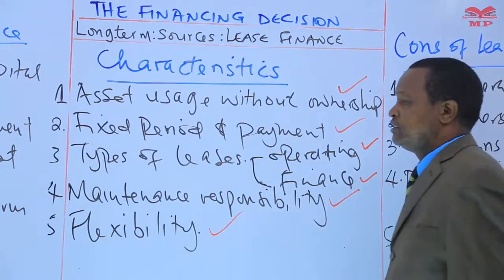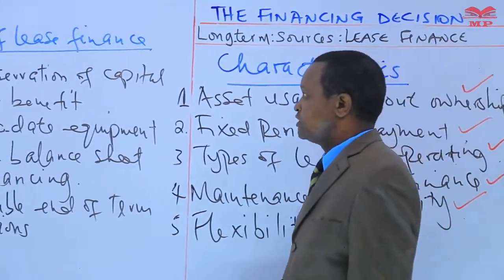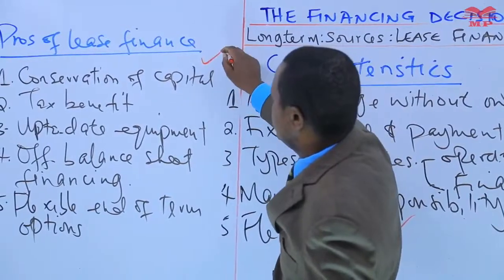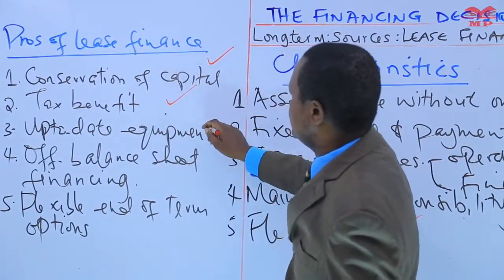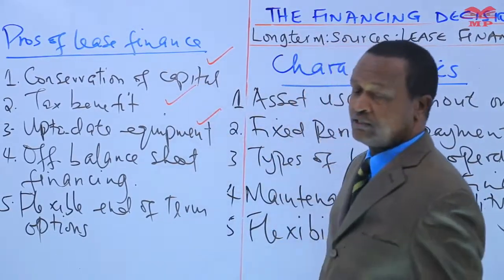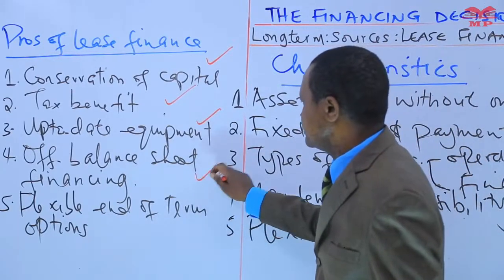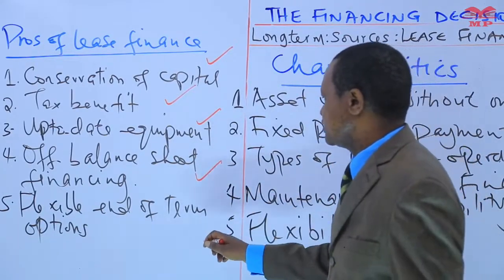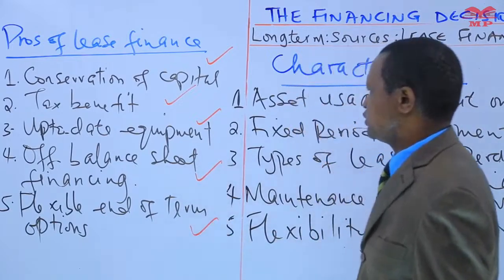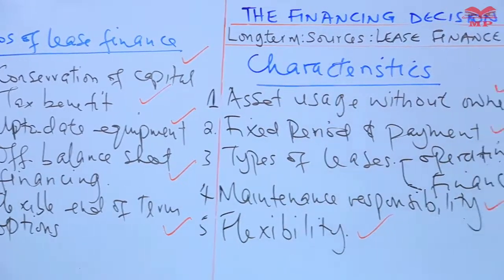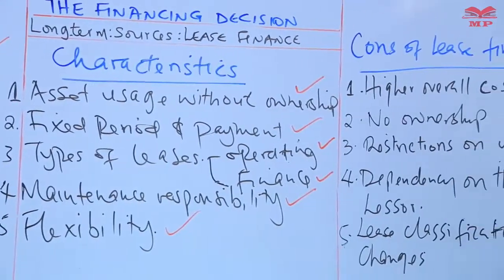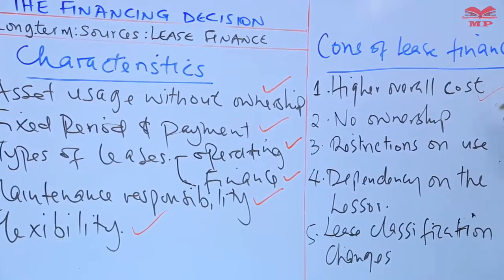We have identified 5 advantages. One is conservation of capital. Number 2, tax benefit. Number 3, up-to-date equipment. Number 4, off-balance sheet financing. Number 5, flexible end-of-term options. There are also 5 disadvantages. One is the higher overall cost.